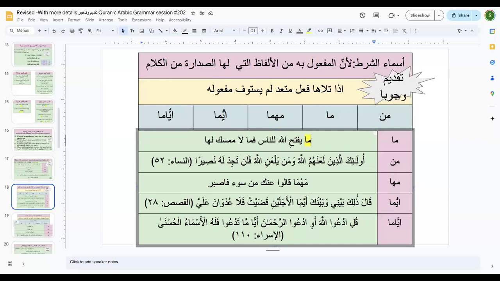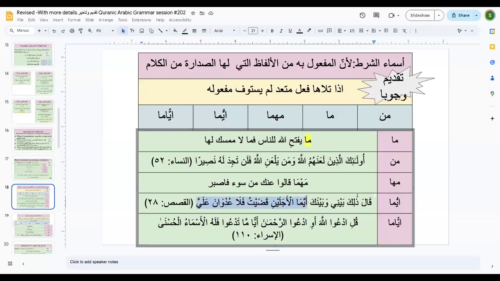Remember when we were learning Surah Ar-Rahman, in there I taught you how ayyama is also one of the adawatu shart, and ayyama or ayyu is a word for which there is always going to be sadaratu min al kalam. It's always going to be seen in the beginning of the sentence, and this is the beginning of the sentence, right?